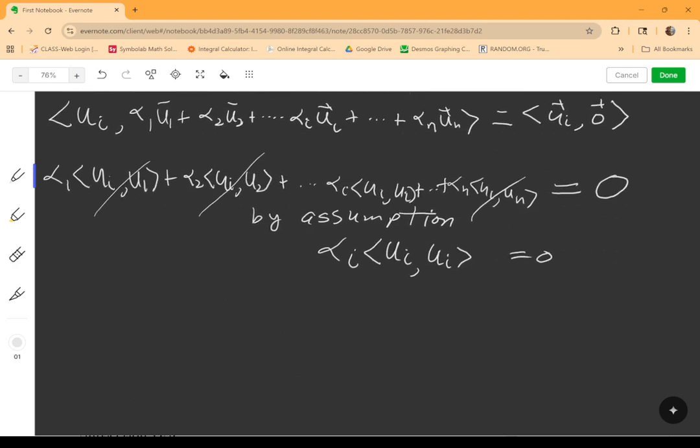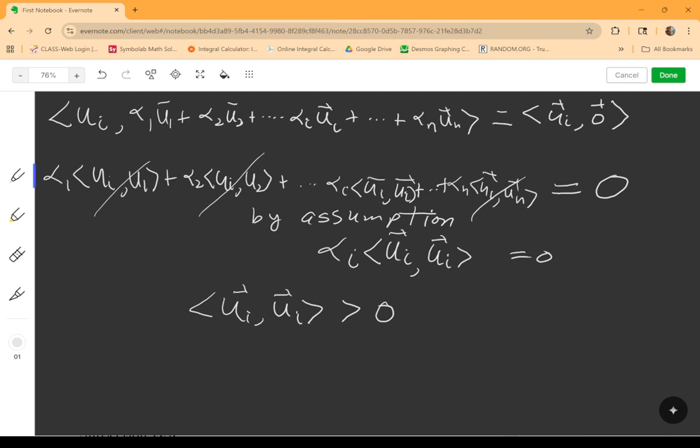Now, here's our other assumption. We said all vectors were non-zero vectors. So u sub i is not a 0 vector. So that means that this quantity is strictly greater than 0. Again, also properties of the inner product: it's greater than or equal to 0, but 0 only when the vector is the 0 vector, but by assumption it is not.